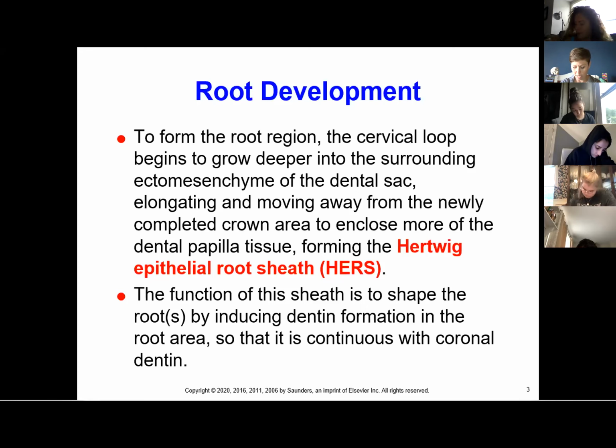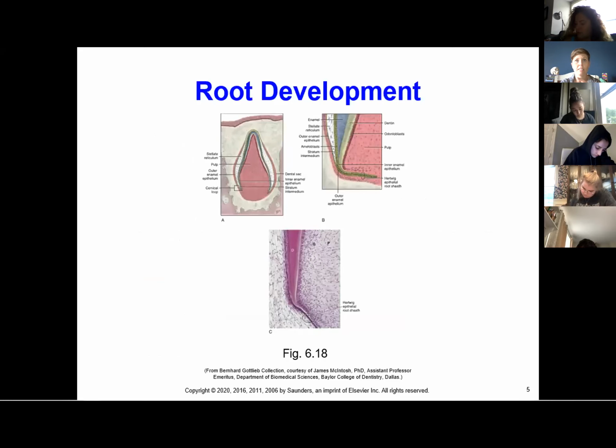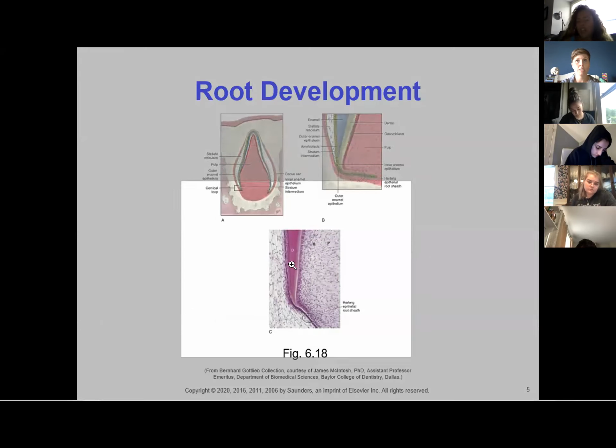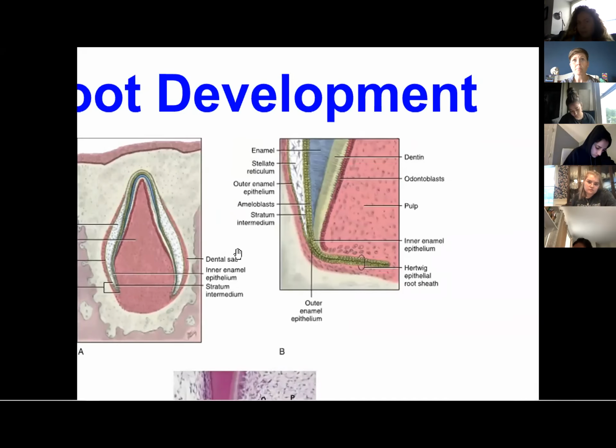Let me see if I can, this is the picture that I think does it all the justice in the world, is these two. So we'll start with this one. You can see here that you start to get your dental sac, you have your enamel matrix, you have your enamel starting to lay this blue stuff here. And you have this green, which is your inner and your outer enamel epithelium.